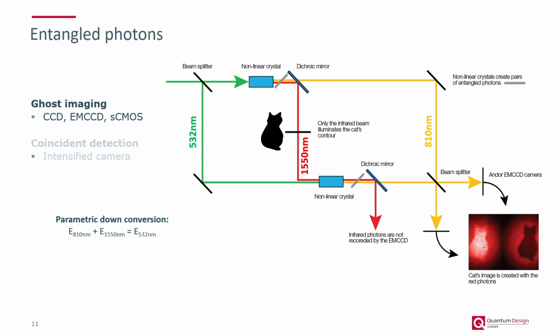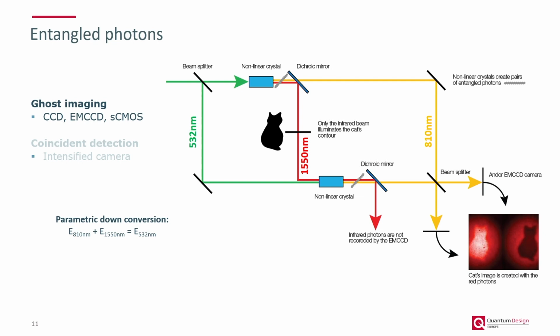The key of this experiment is that the detector, the camera that we have chosen here, is only sensitive for 810 nanometers, but it is completely insensitive for 1550. So there's only one path where the 1550 nanometer photon travels through the object.